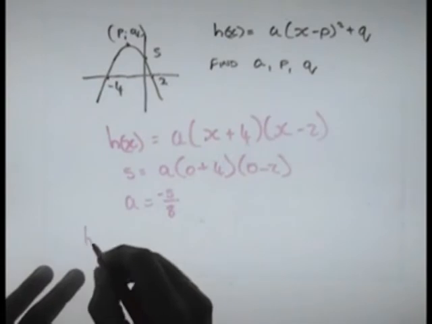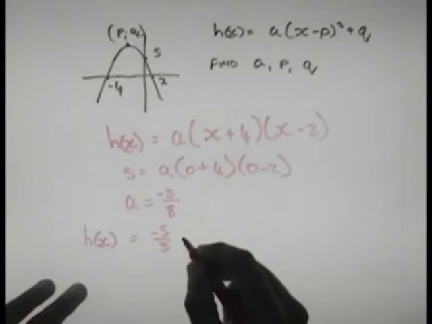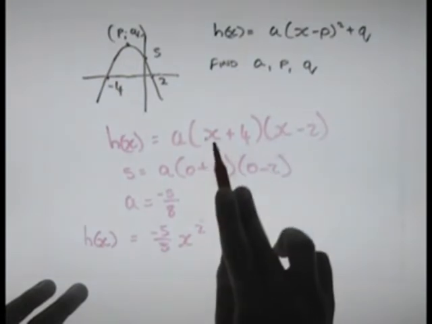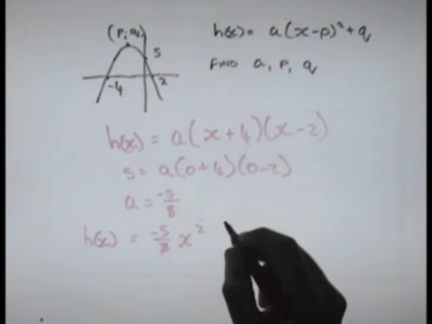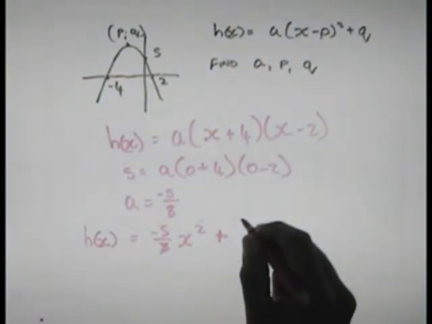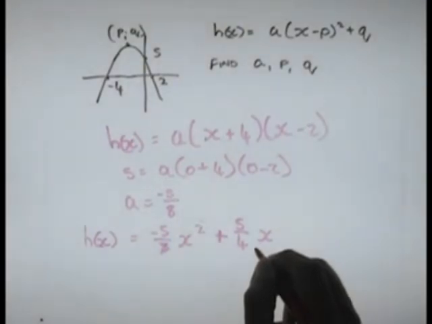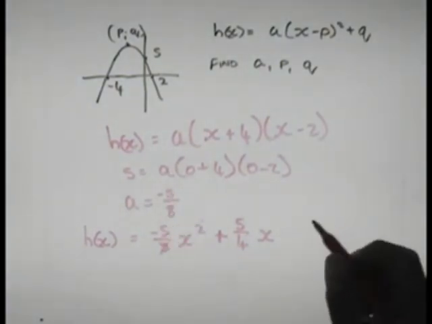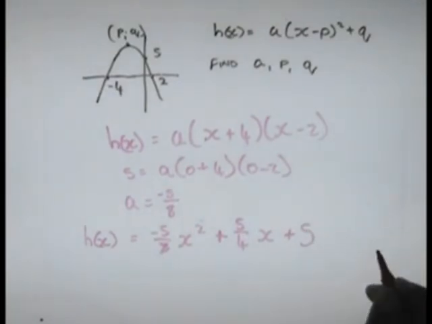That means that h of x is equal to negative 5 over 8 times x squared plus 4x minus 2x, which is plus 2x, times negative 5 over 8 is going to give me negative 5 over 4 x, and minus 8 times negative 5 over 8 is going to give me positive 5.